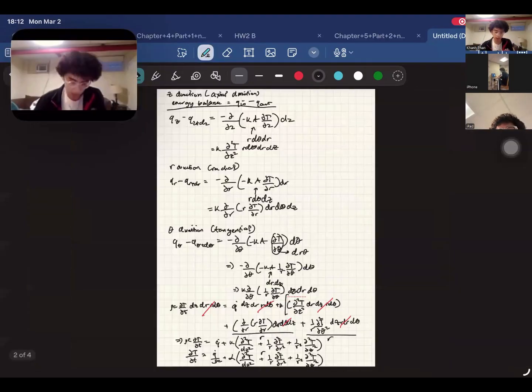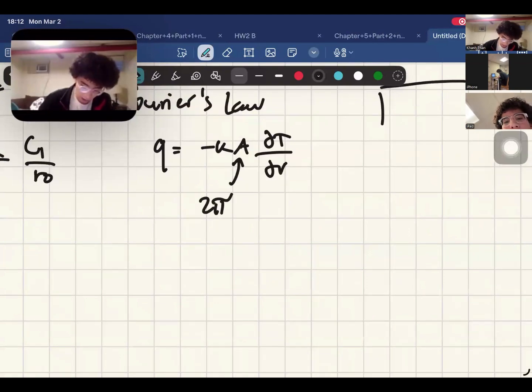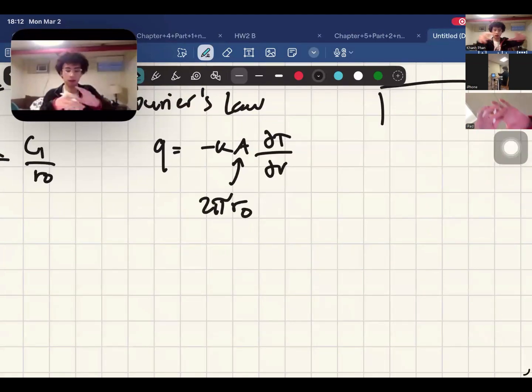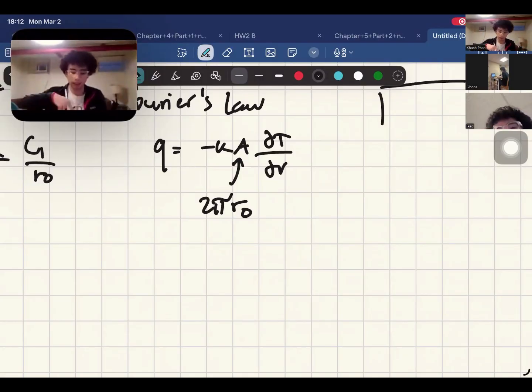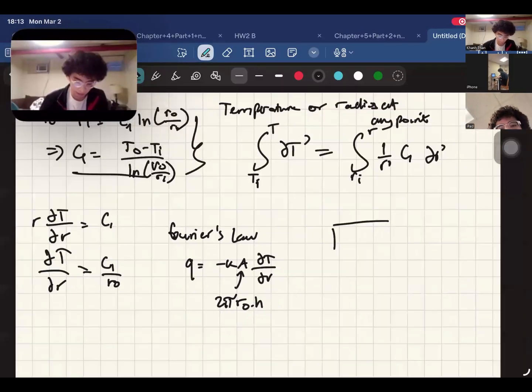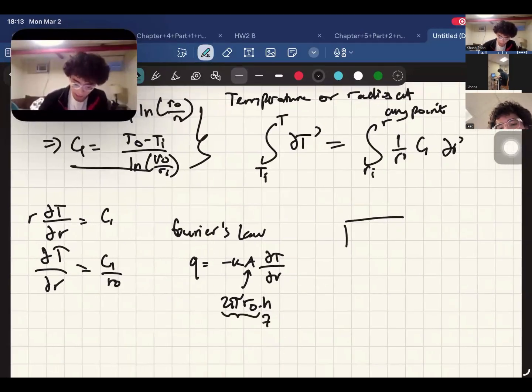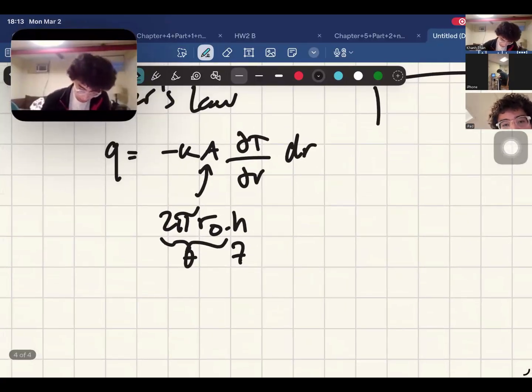And then since we're doing the entire cylinder, our area is going to be 2 pi times R. So for the total heat flow, we will have to use the outer radius, so 2 pi R times height. Height is very important too, because height is Z, and this arc length is theta. That makes the area, because it's flowing through the R direction.